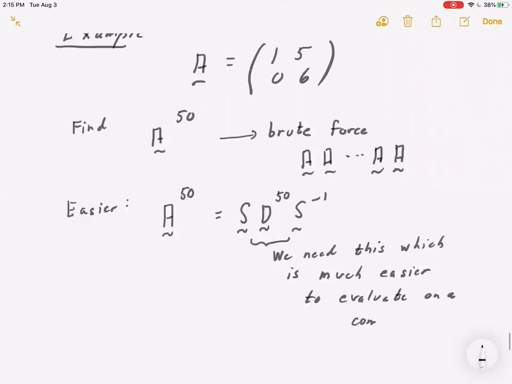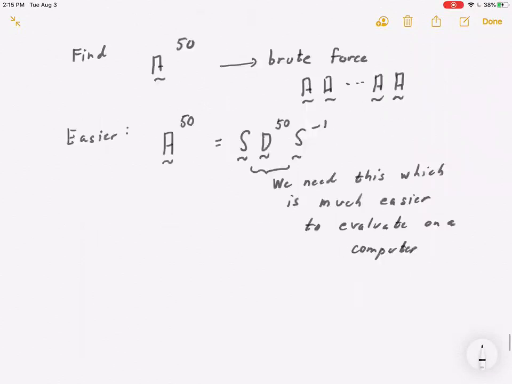Or it's faster to evaluate this on a computer than just to take the matrix A and multiply itself 50 times. Okay, so in order to solve this problem, in order to find A raised to the 50th power, we need to go through our prescription of steps. And they're pretty straightforward. We're going to need to know S.